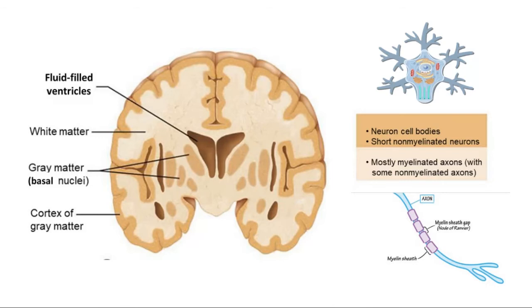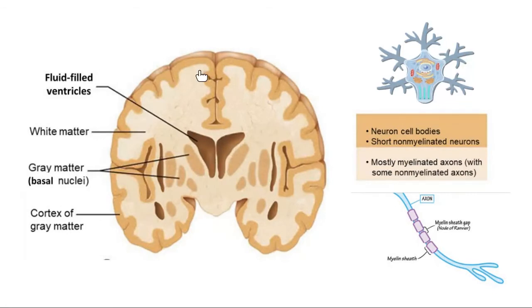Now, when we look at the brain, and here's where I wish that we could have been, well, for many times this semester, we wish that we could have been together in person, right? We actually have some cross sections of human brains that look like this in the lab that are fascinating to look at. They're fascinating because you can see a difference between the two kinds of matter that make up the brain.